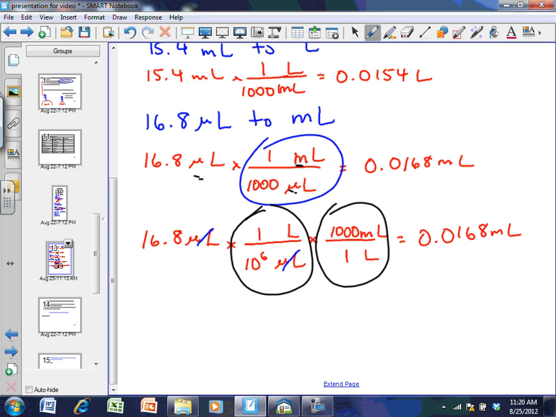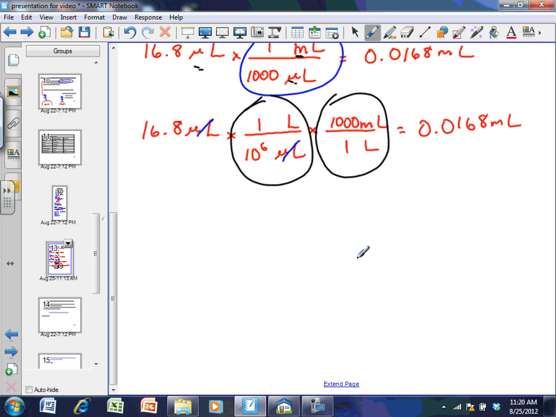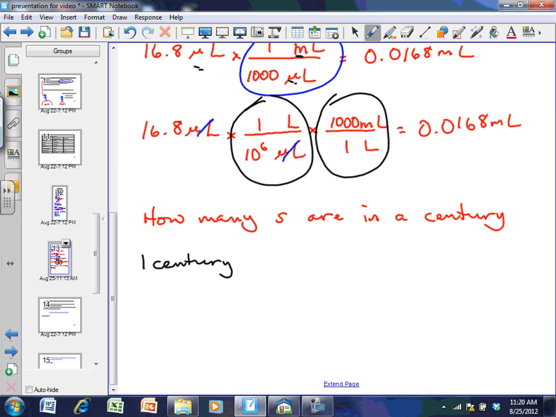You might do the same thing if I was going from centuries to seconds. Let's say I wanted to know how many seconds are in a century. So that means I'm basically converting 1 century into seconds.